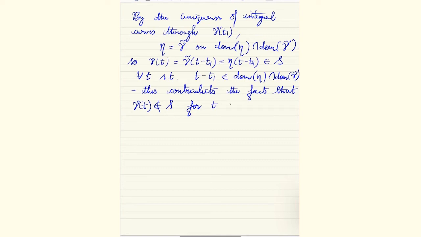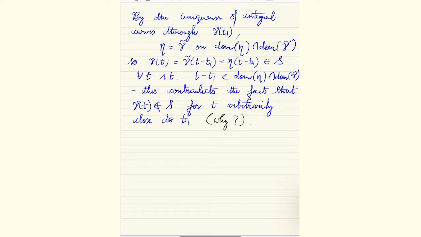So the question is, why is this true? Of course, if we see that this is true, then we are done, because it says for every t such that t minus T1 is in the intersection of the domains, gamma t is in S. So you can take t to be arbitrarily close to T1 here.